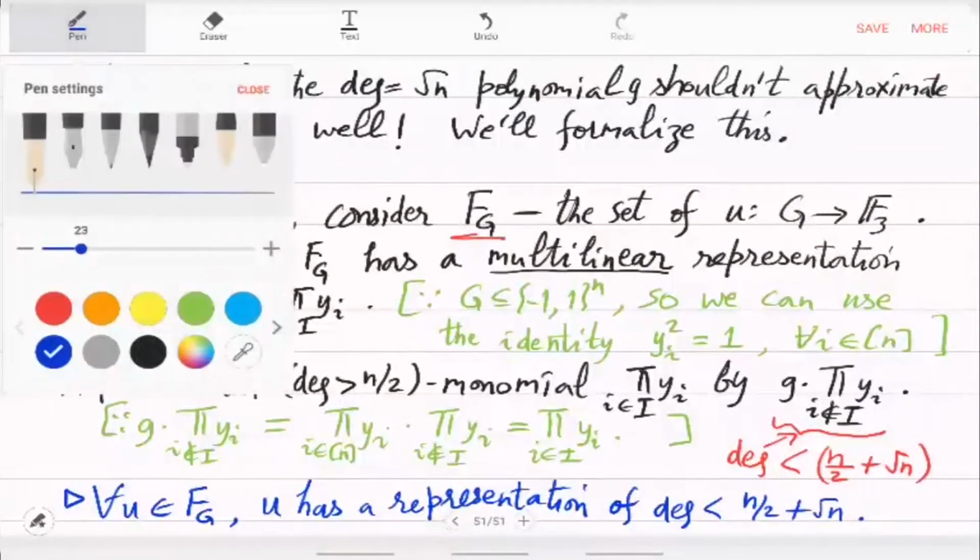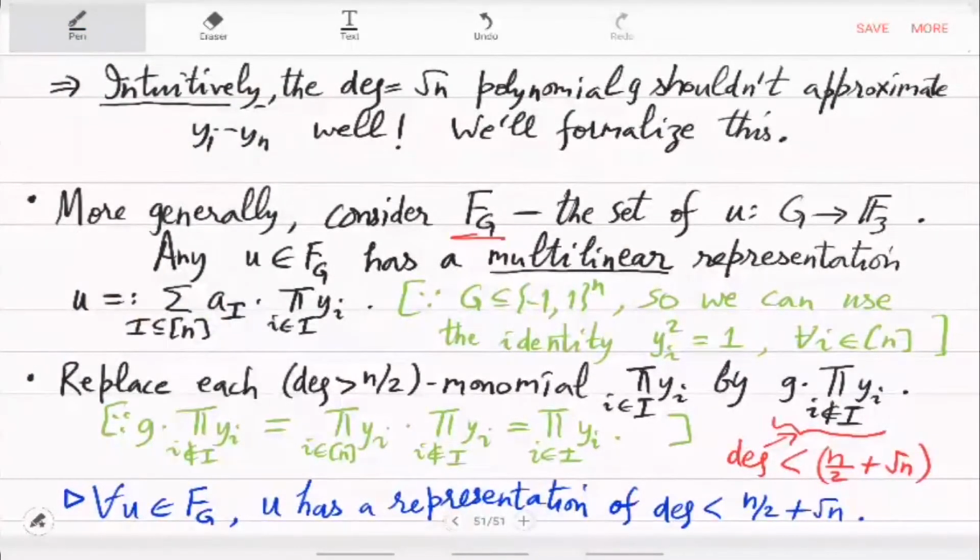So a small g will actually have an impact on all the functions on this domain big G. So this is a strong property, right? What does this tell you?